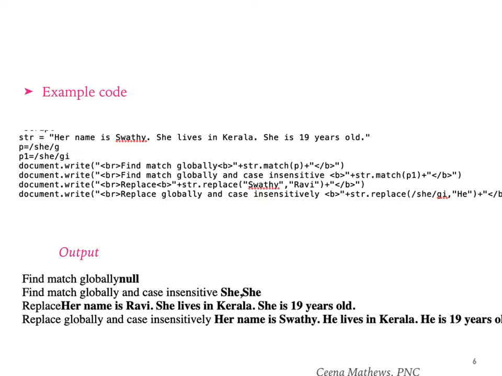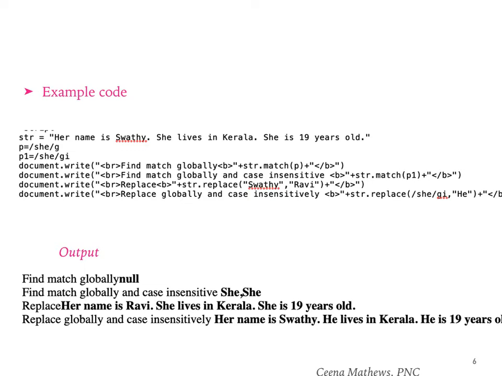The string given here is, "Her name is Swati, she lives in Kerala, she is 19 years old." The first regular expression given here is p, which is /she/, and the modifier used is G, which means it will do a global search. The next pattern used is p1, which is again searching for she, but along with the global search it does a case insensitive search.